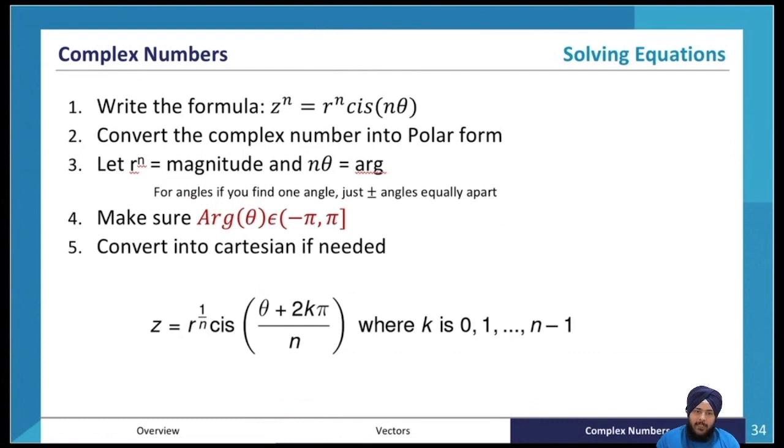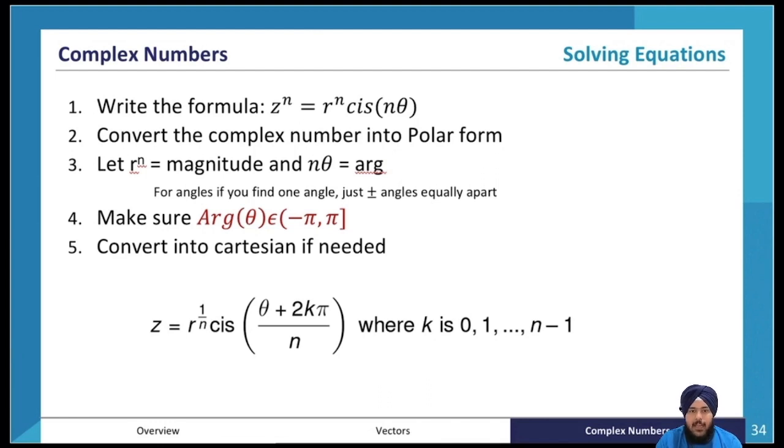A little bit of a complicated process, and we will go through a few examples. But basically, when you're trying to solve an equation or find the cube root, what we need to do is first of all write the formula. So let's say we're asked to find the cube root of something. First step, write the formula: z to the power of 3 is equal to r to the power of n, cis n theta.